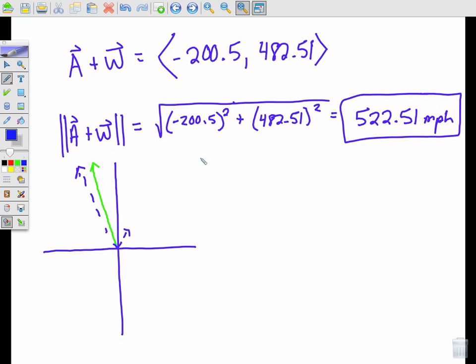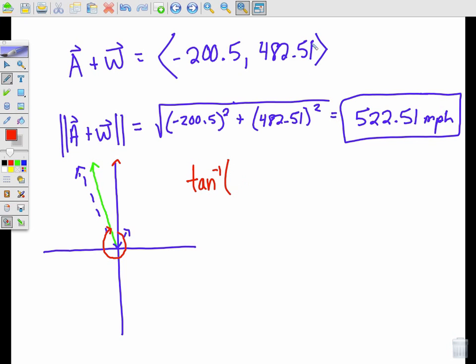Now the second thing that we have here is we've got to find the angle, okay, the direction. And our angle that we're going to find has to be a radial measure, and it's going to go from the north all the way around to my resultant vector. So really, in order for us to even start anywhere, we need to find the angle.